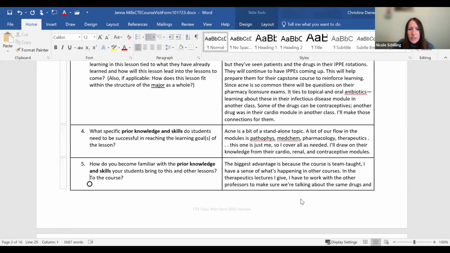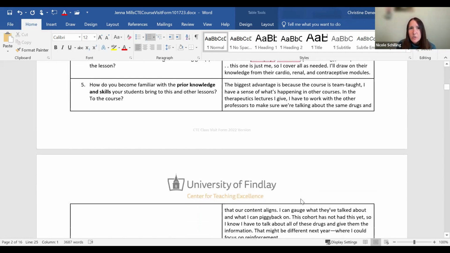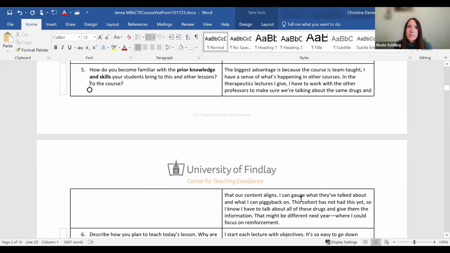I also think that sometimes, at least in the class visits for online courses, we also see that they are prompting and asking discussions in the discussion boards, and some instructors have, at the beginning of the semester or the module, almost like a pre-assessment to see where the students are with that knowledge.